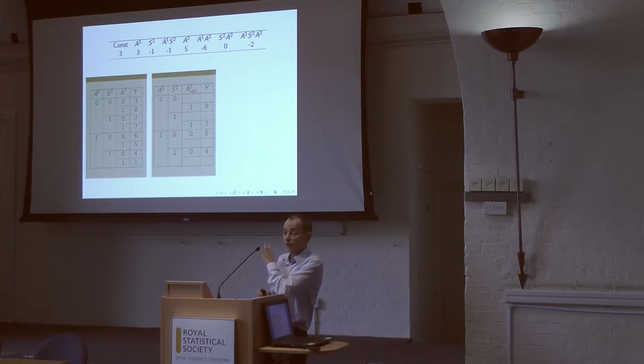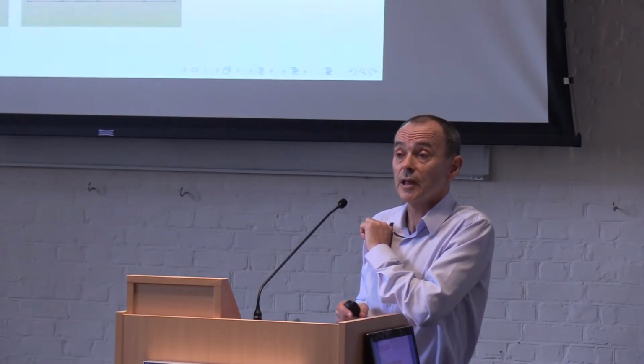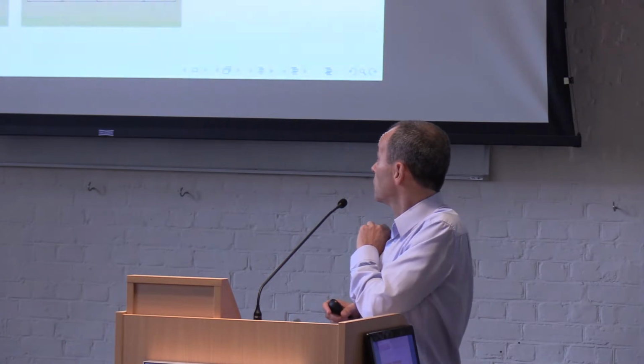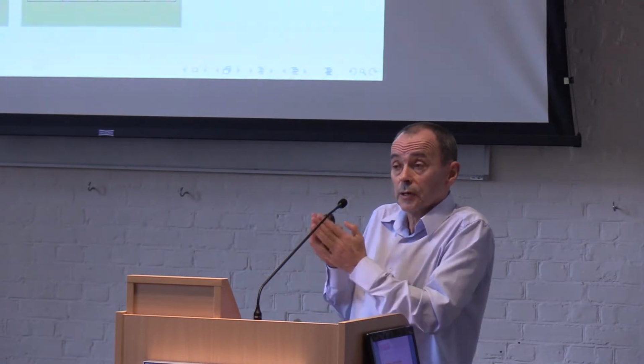So my optimal second decision is 1 if my history is 0, 0. If my history is 0, 1, it's still 1, but I should expect to get a smaller reward, 7 instead of 8. If my history is 1, 0, the best action is 0, and I should expect 6, and so on. So now I know my best rules at time 2 for each possible history. There are only 4 histories in this case.